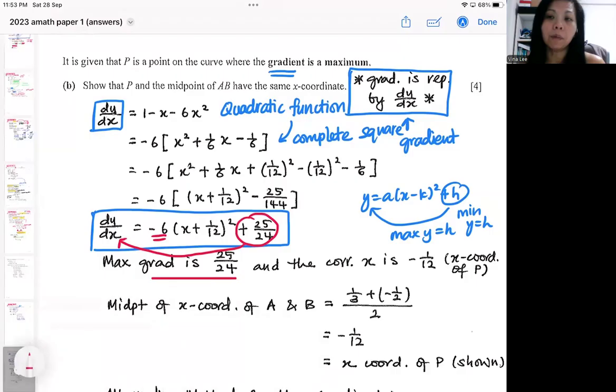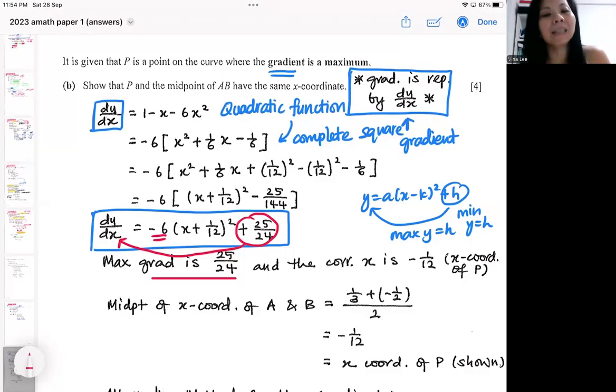Whatever you complete the square for, you get the maximum value for that item. If you complete the square for area, you are getting the maximum area or the minimum area. If you complete the square for volume, you are getting the maximum or minimum for the volume. In this case, you complete the square for dy/dx. You complete the square for gradient.